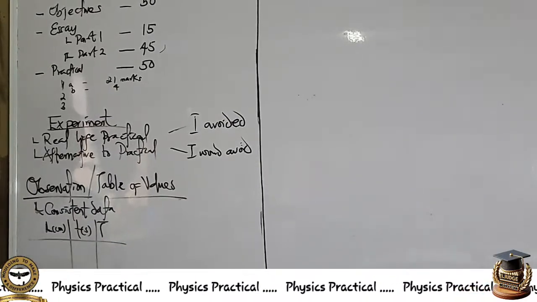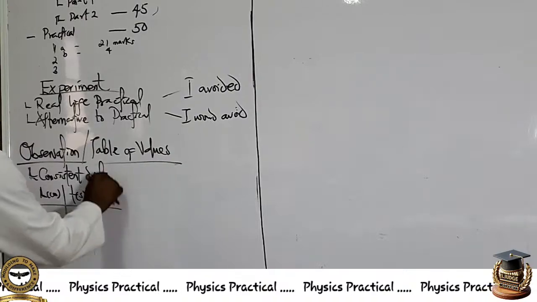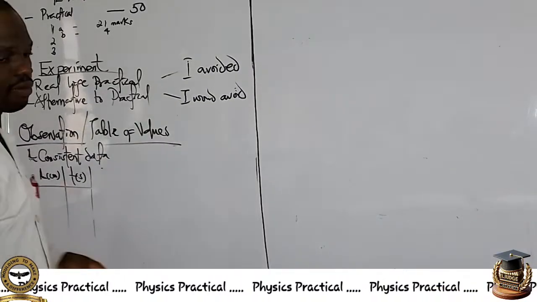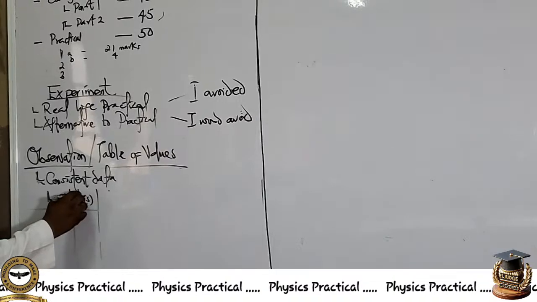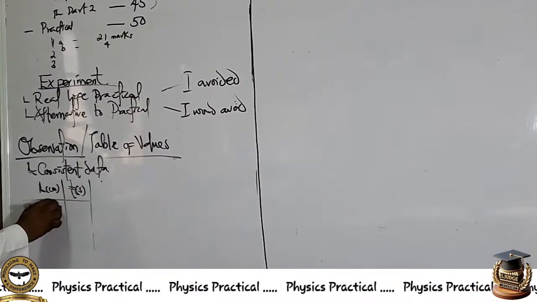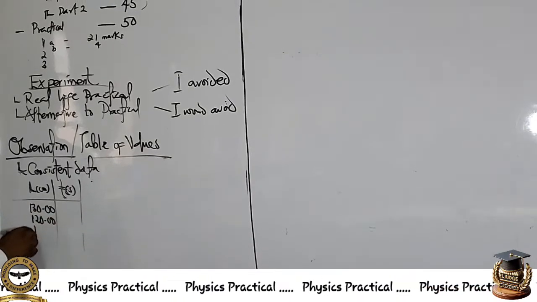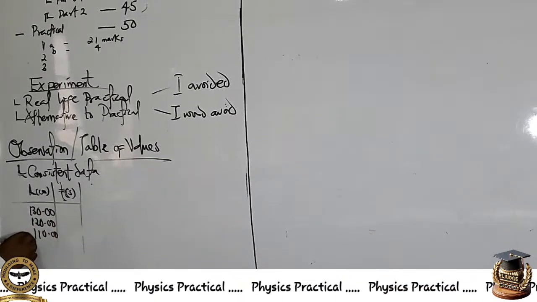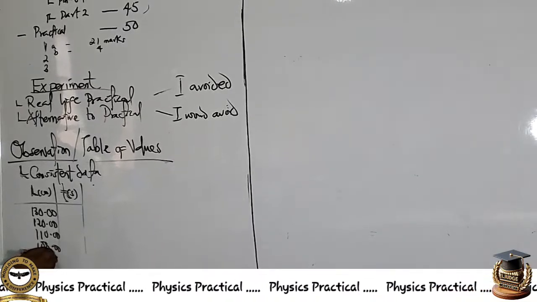After getting my time, let us use just these two. I have the length in centimeters and the time in seconds. So we have, let's say, 130.00, 120.00, 110.00, 100.00, 90.00.